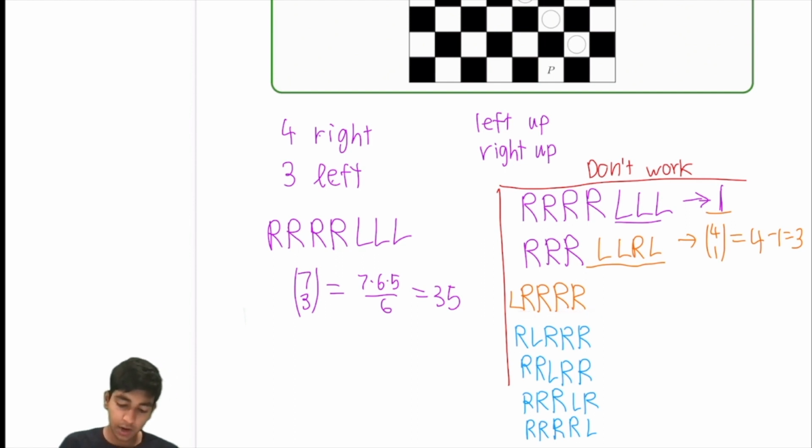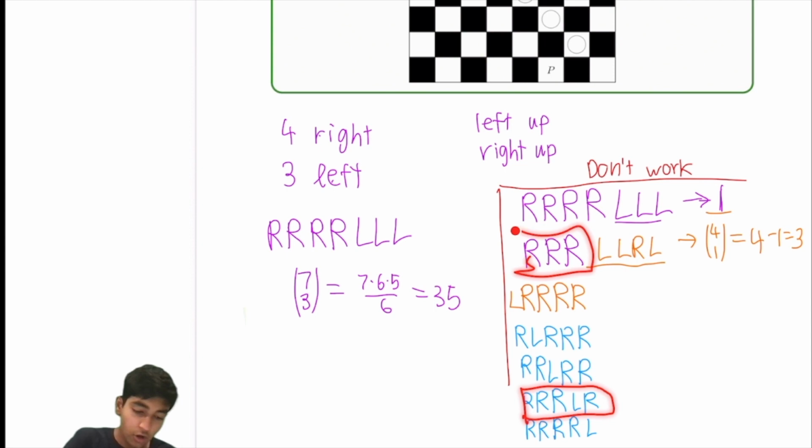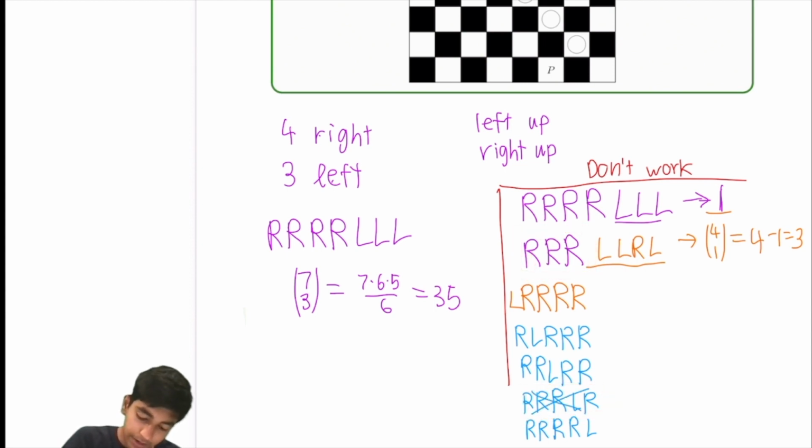But the reason we have to be careful here is because we've already counted a lot of these. We've already counted this case, right? 3 R's at the beginning, so we can cross that out. And we've already counted this case, 4 R's at the beginning, cross that out. How many ways for the rest of these cases?